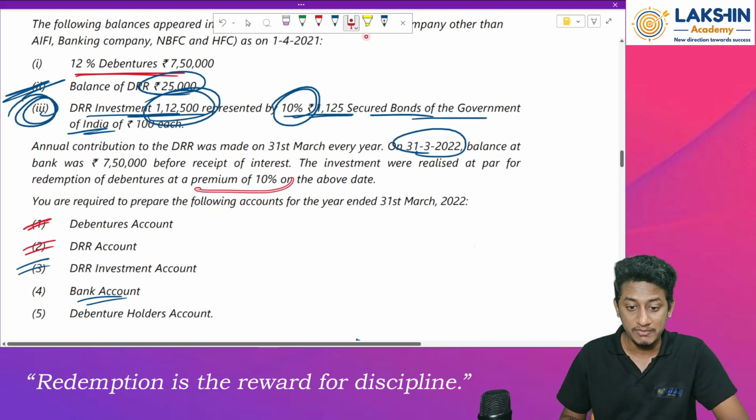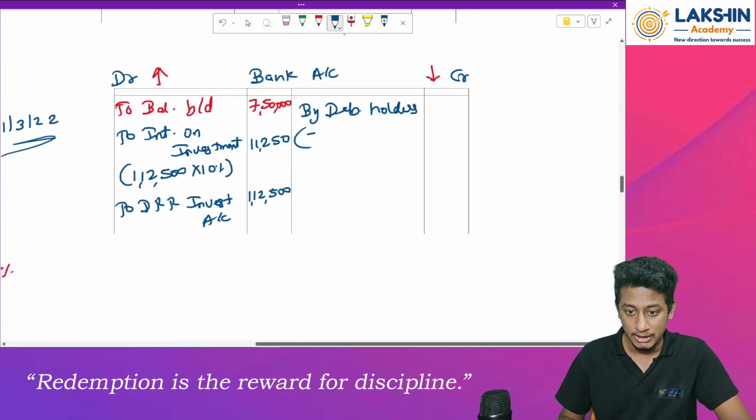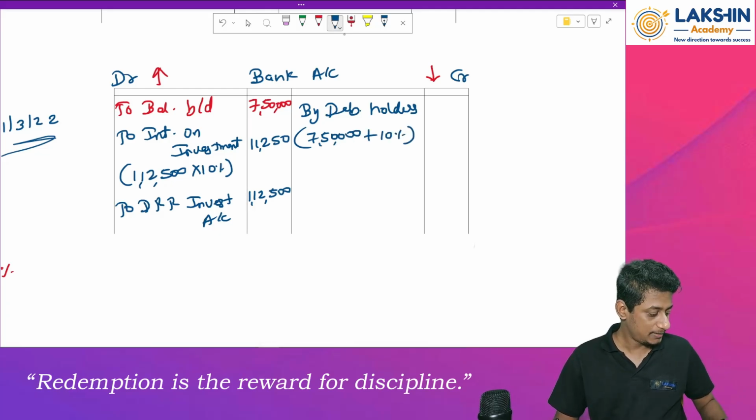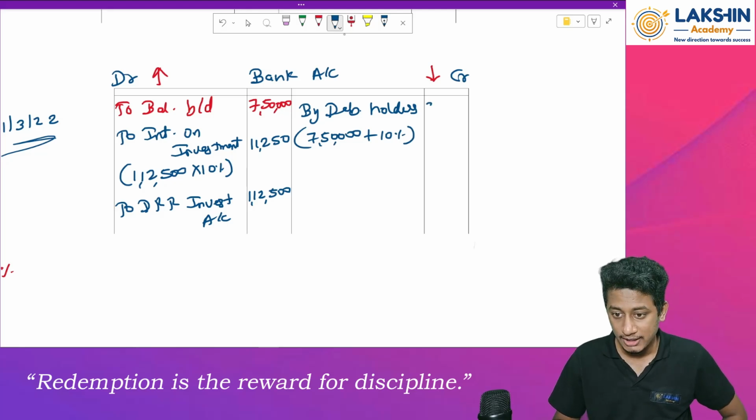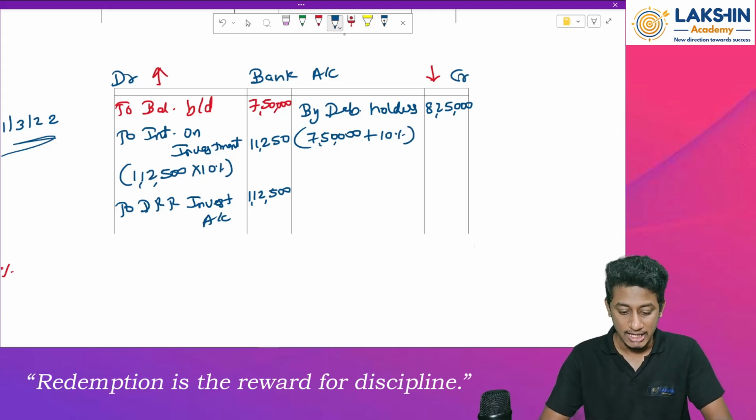The premium at which I redeem is 10%. So, the total value of redemption will be 7,50,000 plus 10%, that is rupees 8,25,000 worth of debentures has been redeemed. I have paid off. Now find out the new balance in the bank: 7,50,000 plus 11,250 plus 1,12,500 minus 8,25,000 equals 48,750 rupees remaining in the bank account.